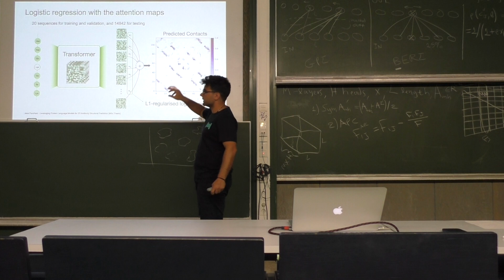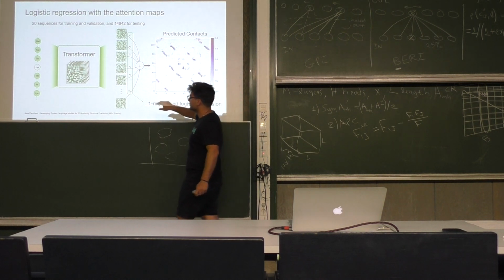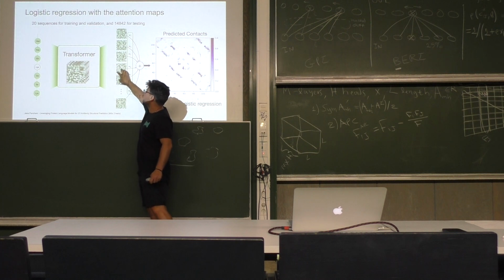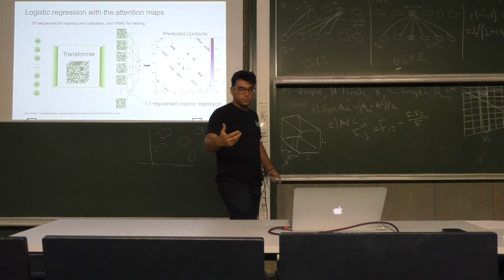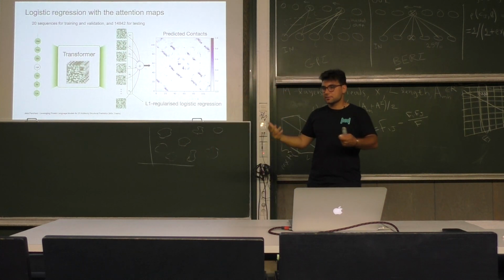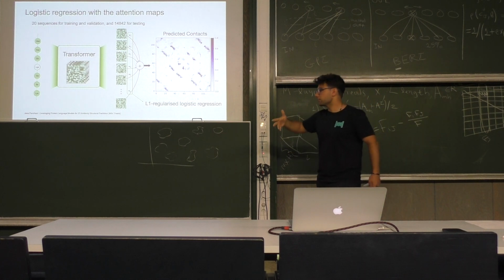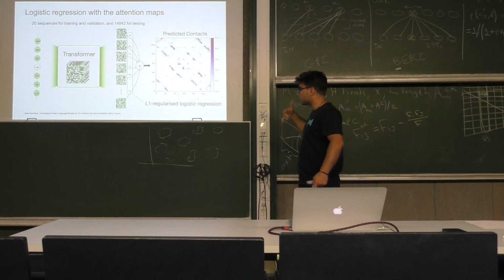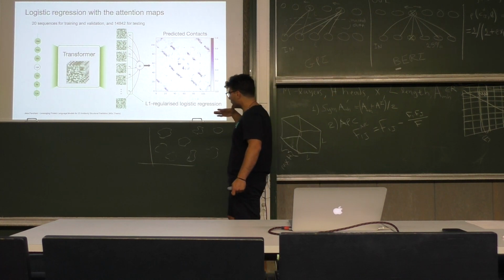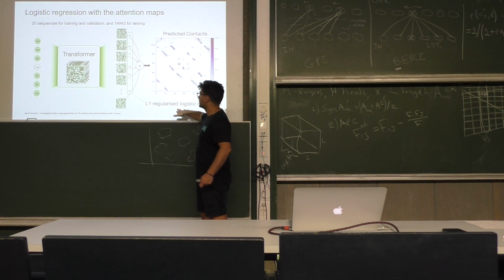So now we don't want to see the individual contributions. We just want to see which of those maps are the most useful. So we do this binary classification. So we train these weights with logistic regression. But then on top, we apply a regularization, which is called L1 regularization.